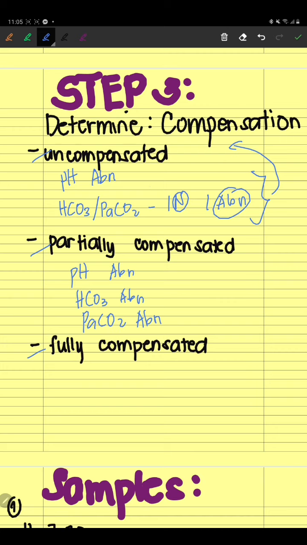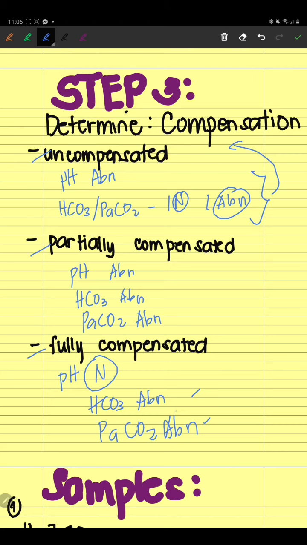If fully compensated, in this case, the pH is already normal. The pH is normal but the HCO3 or the PaCO2 is abnormal. So, that means compensation has happened. What the body did was raise or lower either of the two so that the pH would normalize.